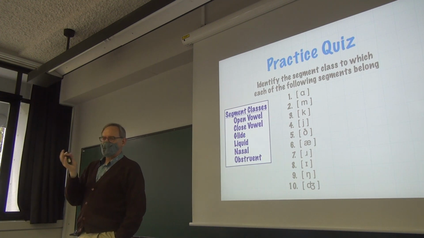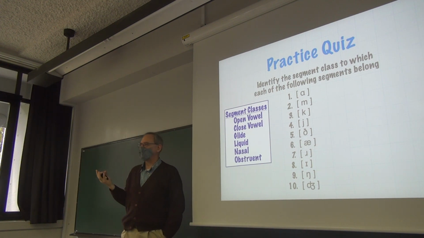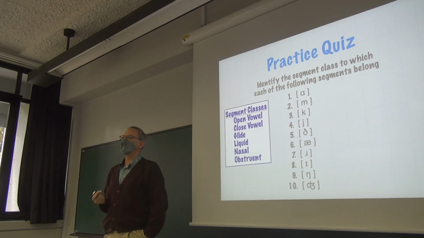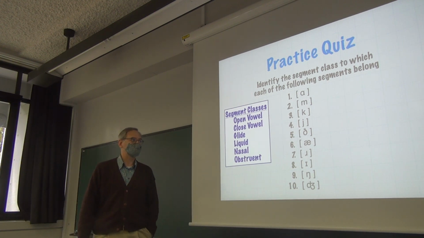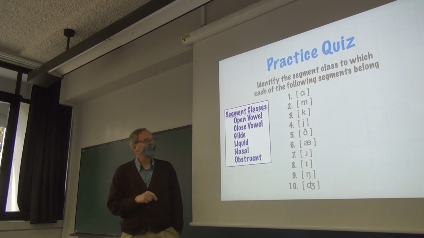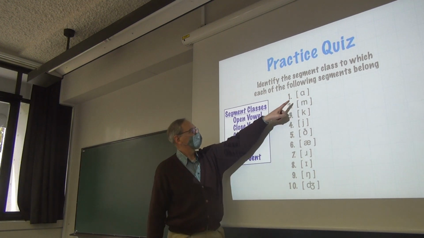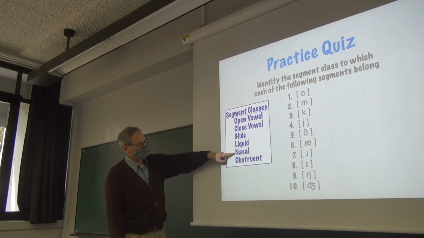Now you can look at notes or you can think about it, but what I'd like you to do is try to identify the segment class that each of these segments belongs to. So I'll read them aloud, and you just make a note. Is this an open vowel, a close vowel, a glide, a liquid, a nasal, or an obstruent?